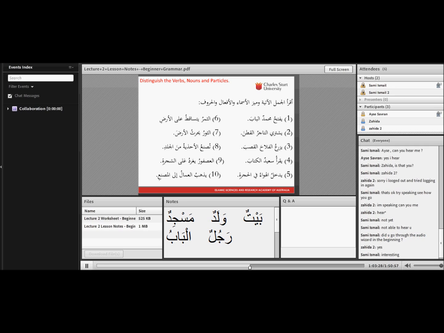So, is the العمال an اسم, فعل or حرف? اسم. How did you know it's an ism? Because it has more than 3 letters and then there is an L before.